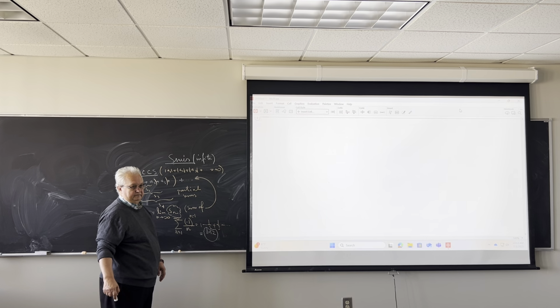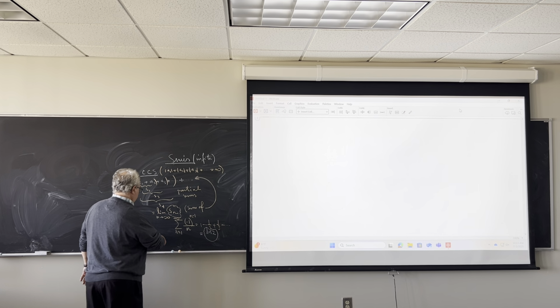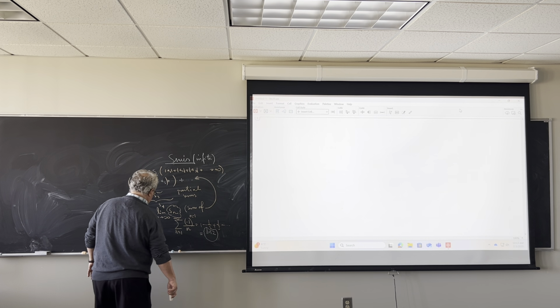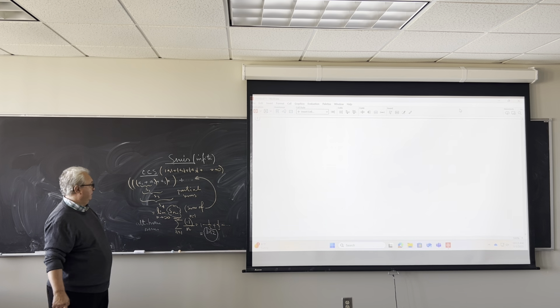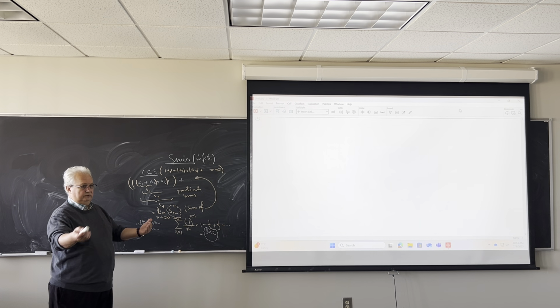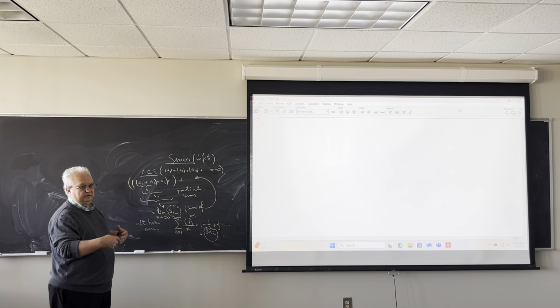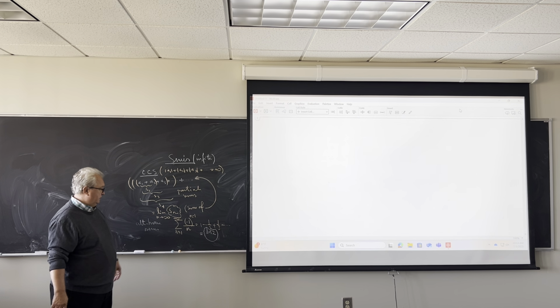This is usually called the alternating harmonic series, and if you drop the signs, you get the harmonic series. The harmonic series is divergent, it goes to infinity, but if you put the alternating signs in, plus minus plus minus, you get something that's convergent, and that converges to ln of 2.